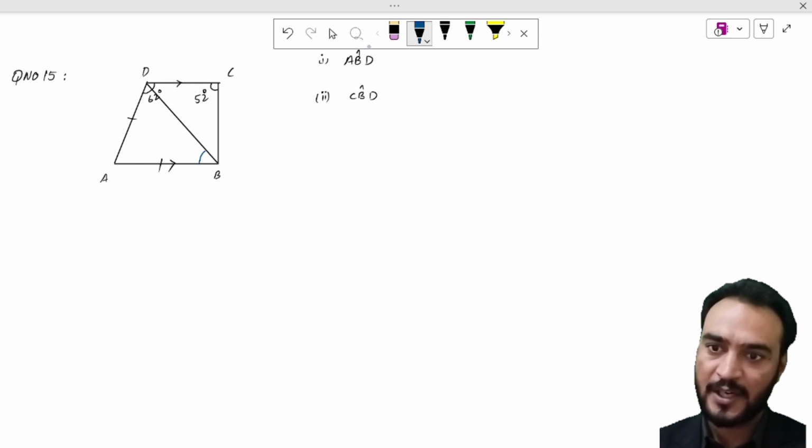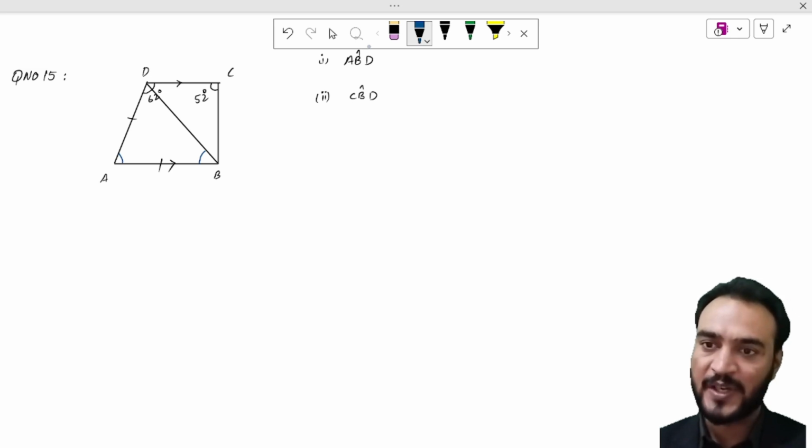For that, we need to find this angle at point A. The angle at point A and the angle 62 degrees are interior angles because both are inside the two parallel lines, AB and DC. So their sum is equal to 180 degrees, as the sum of interior angles between two parallel lines is always equal to 180 degrees.